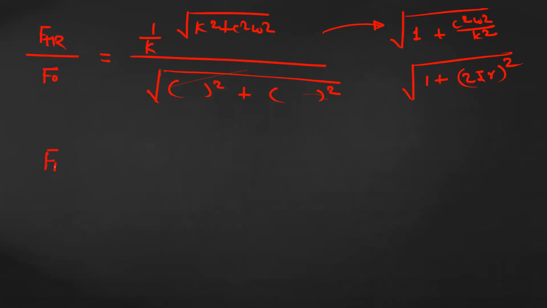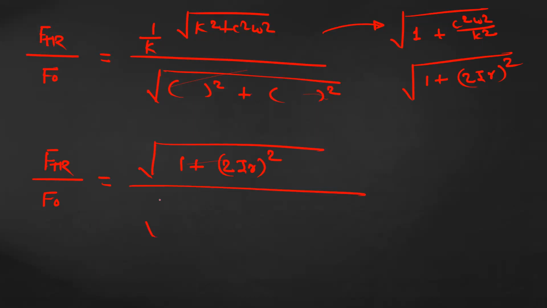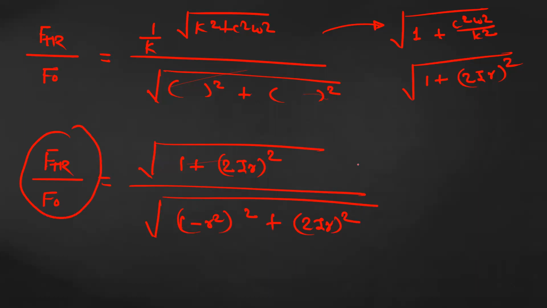Therefore we get the equation for FTR upon F0 as the square root of 1 plus [2 zeta r] squared, upon the square root of [1 minus r squared] squared plus [2 zeta r] squared. It is the same equation as motion transmissibility. This equation is called the force transmissibility.